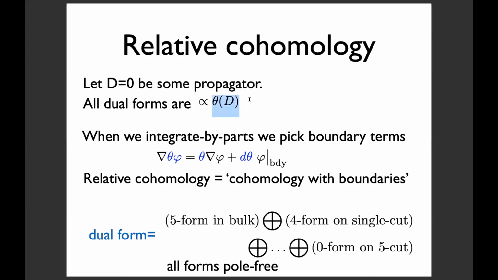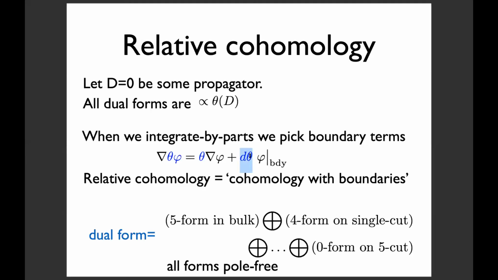But when you start integrating by part, I told you that the total derivative of something is negligible, but when you commute the derivative across a step function, you get this delta function thing, d theta. One way to think about this is that there's a little boundary around each of these places. So really, what we're doing is the same as saying that each possible propagator is going to act like a boundary.